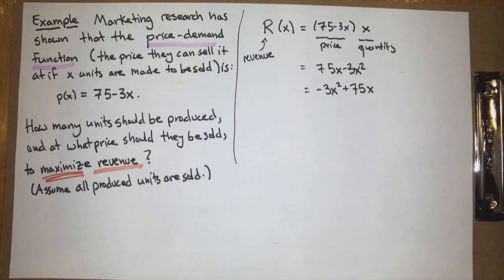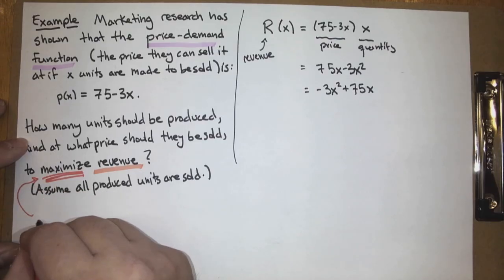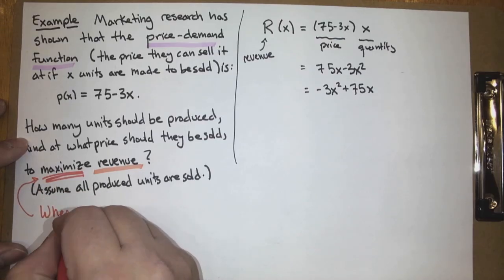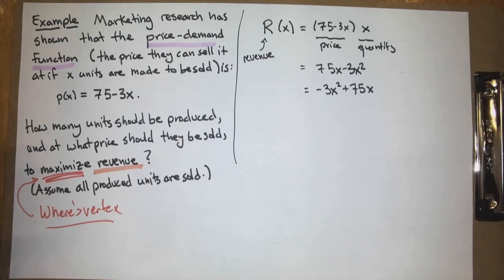So, when it's asking about maximizing, it's like, where's the vertex? So that's the question we're after. So we need to find the vertex. How can we do it?